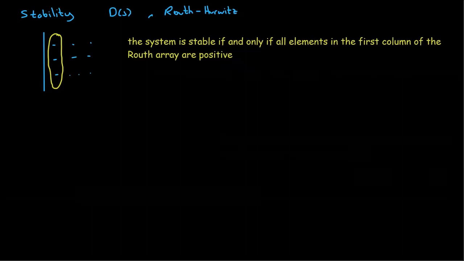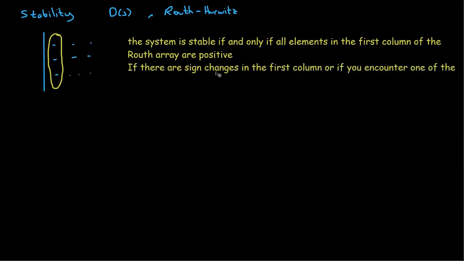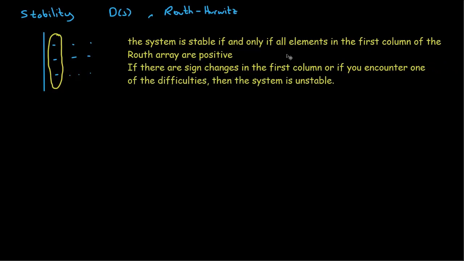And the second thing we mentioned was that if there are sign changes in the first column, or if you encounter one of the difficulties that we mentioned before, then the system is unstable.